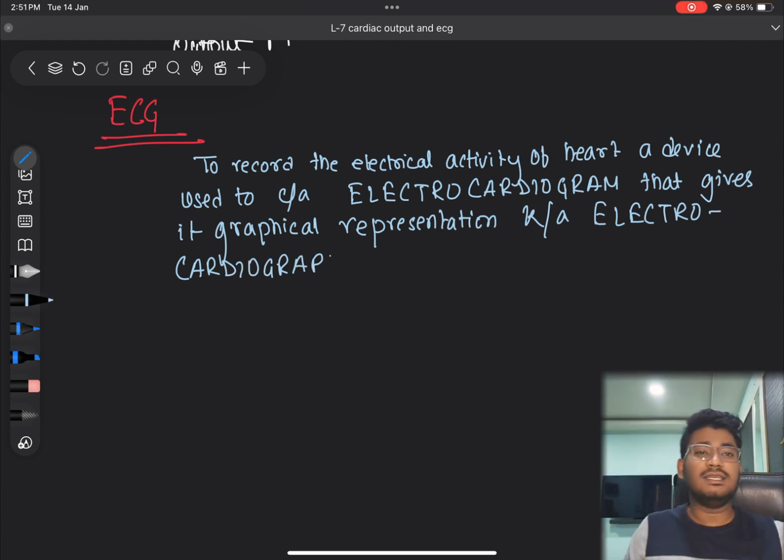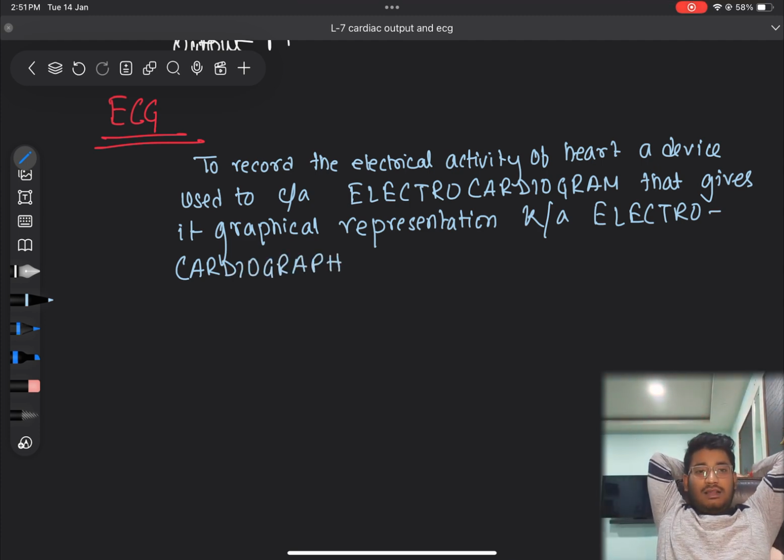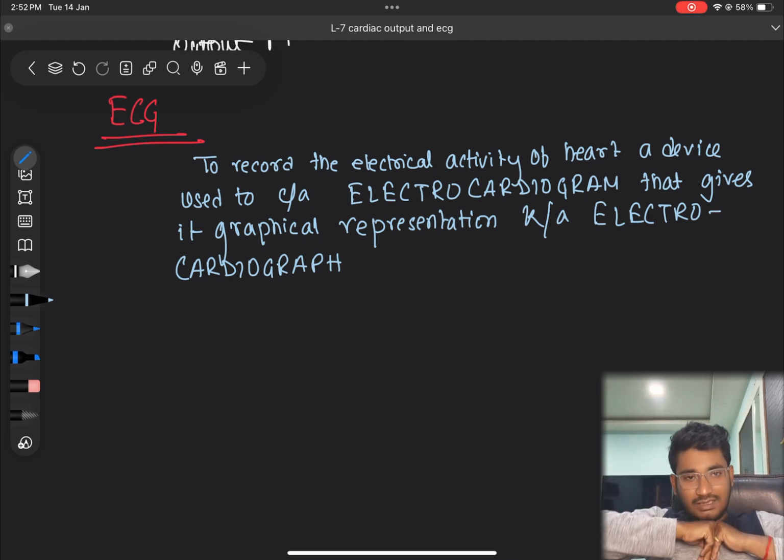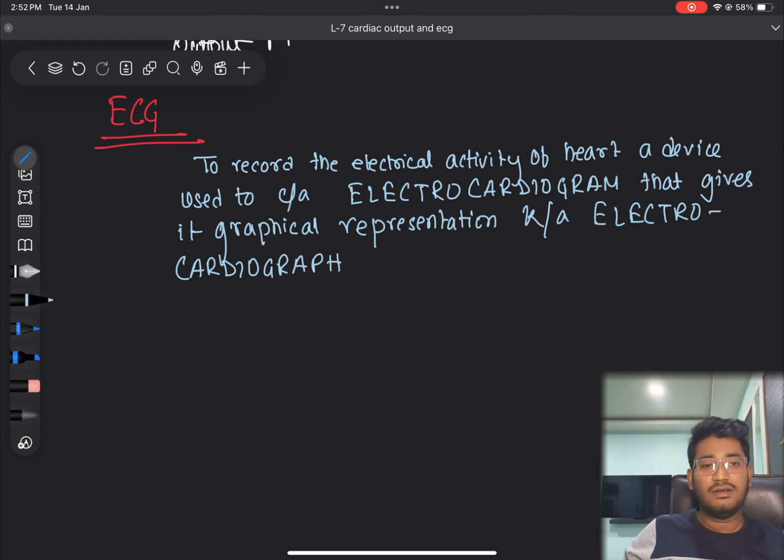So ECG is the graphical representation of the electrical activity of the heart. From the ECG we generally find the basic condition of the heart.